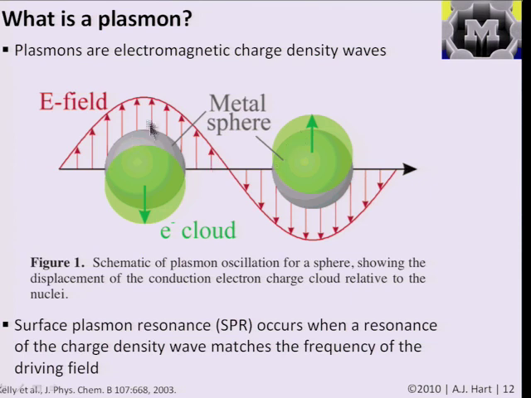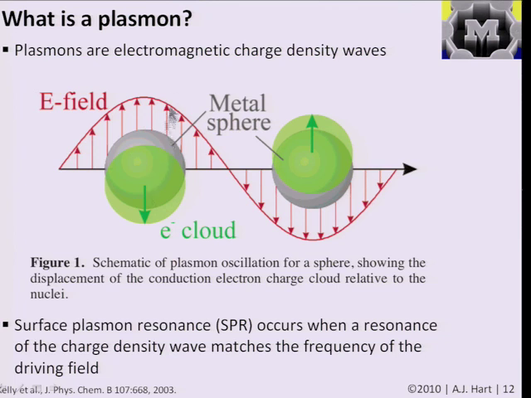So if you take a small metal particle where the field can penetrate most of the way into the particle, so it has to be maybe 20 or 30 nanometers, that's kind of the depth that the field will go into the metal, then the electrons will respond to the field and slosh back and forth inside the particle. And depending on how long it takes for the electron to travel from one side of the particle to the other, that might be in resonance with the applied field. And when that happens, you get a resonance. We call it a surface plasmon resonance.